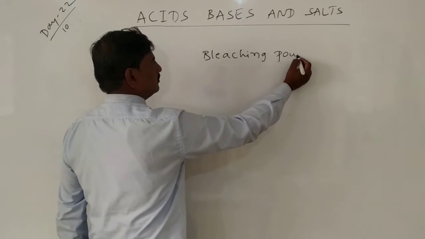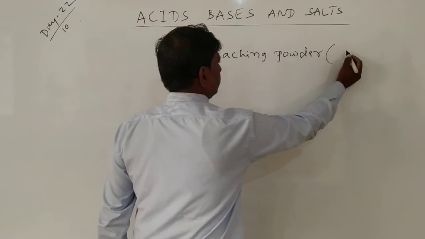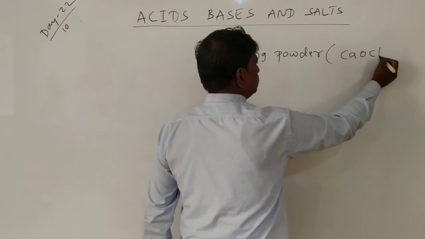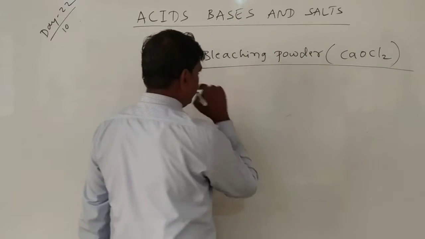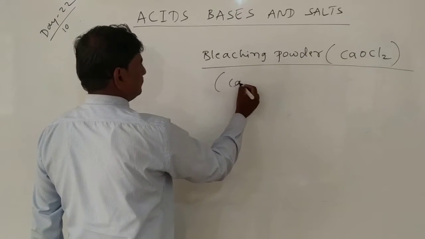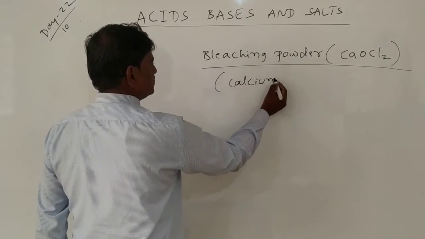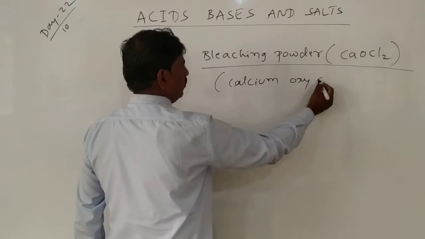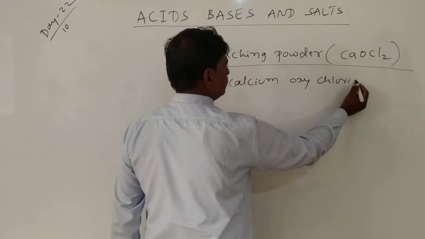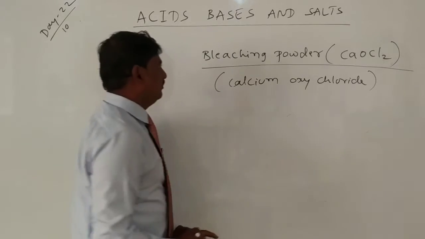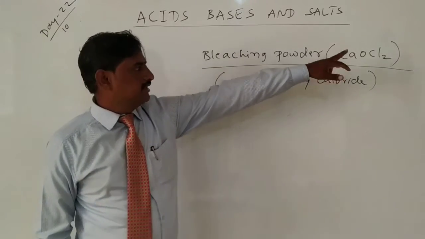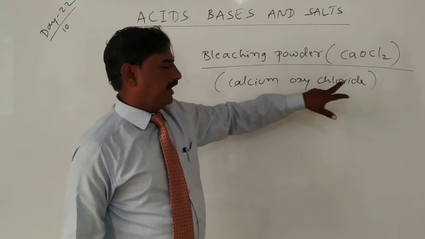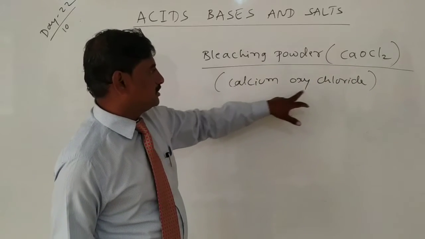Bleaching powder, chemical formula CaOCl2, calcium oxychloride. Bleaching powder is CaOCl2, the molecular formula, and that is calcium oxychloride.